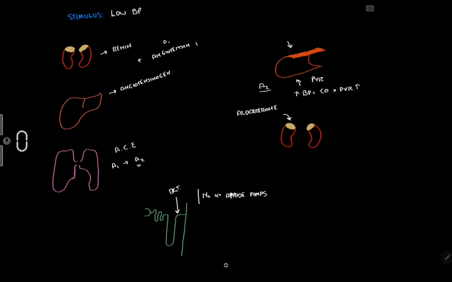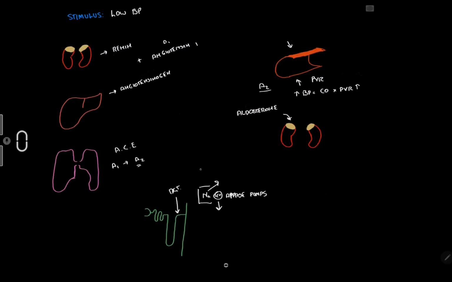Now this here is the driving factor for how you're getting water back into the system from the DCT. Sodium potassium pumps on the DCT, you'll bring in sodium back from the filtrate back into the systemic circuit, and you'll exchange it for potassium. So sodium comes in and potassium goes out.